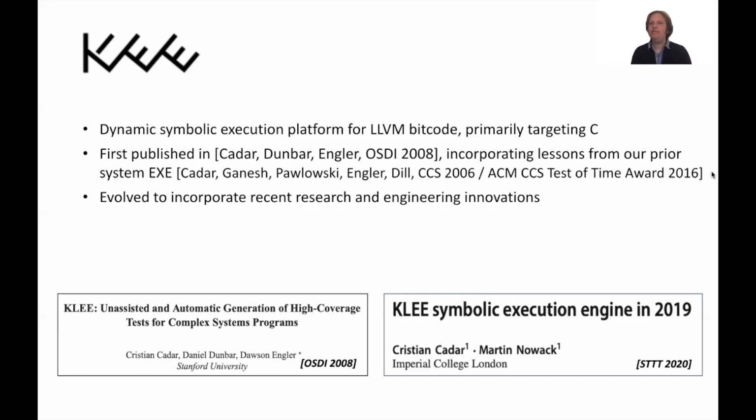KLEE incorporated the lessons that we had learned from our prior dynamic symbolic execution system called EXE. So KLEE is quite an old system. In fact, it's over a decade old now. But at the same time, I see it as quite a new system as well, because it has continuously evolved to incorporate both recent research and engineering innovations.